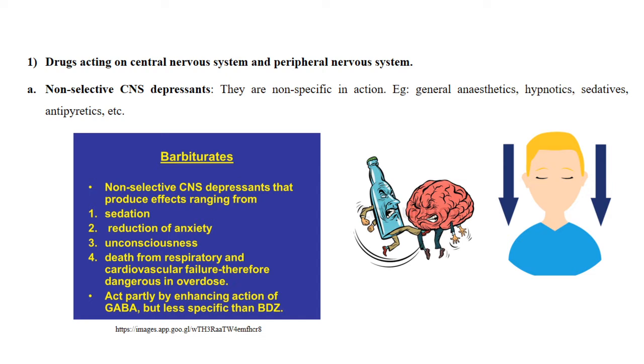That is a non-selective CNS depressant. It will not be acting on any particular area, but will be depressing as a whole. Such drugs that decrease the function of the central nervous system non-selectively can be called non-selective CNS depressants, for example general anesthetics.